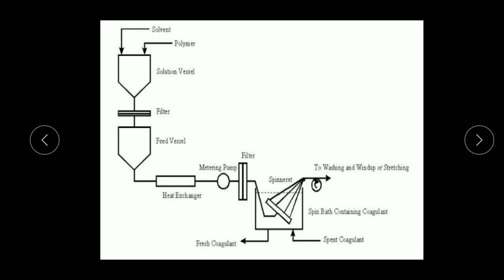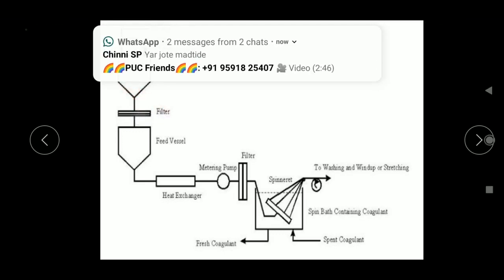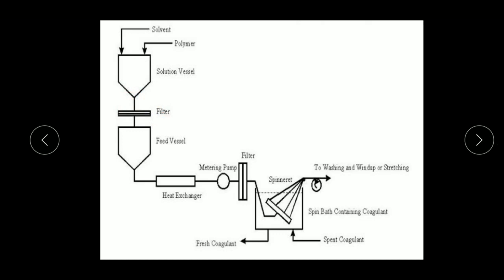If these two are in the proper proportion, we mix them in the solution vessel, which is then fed into the filter. The filter removes the unwanted contaminations and foreign matter present in the polymer solution.